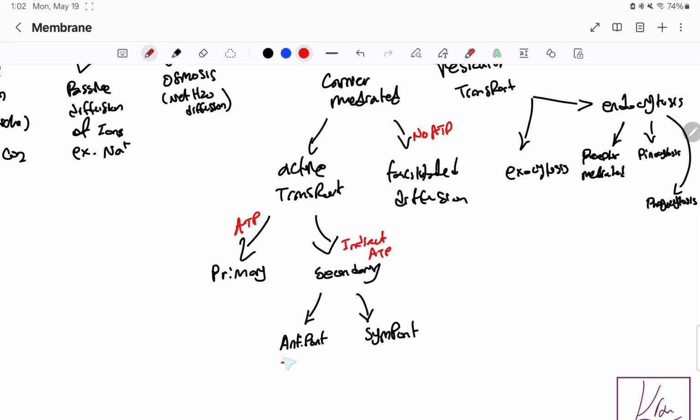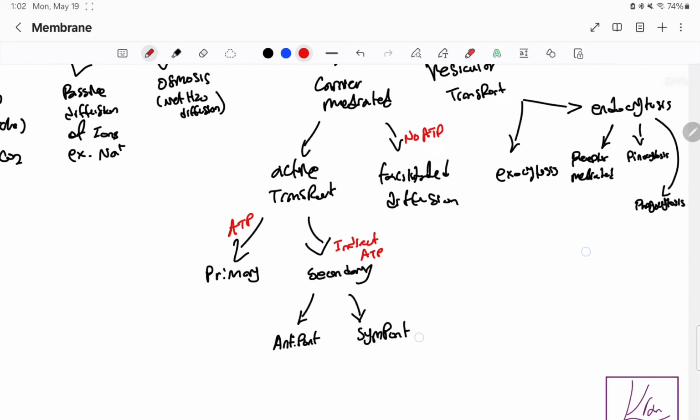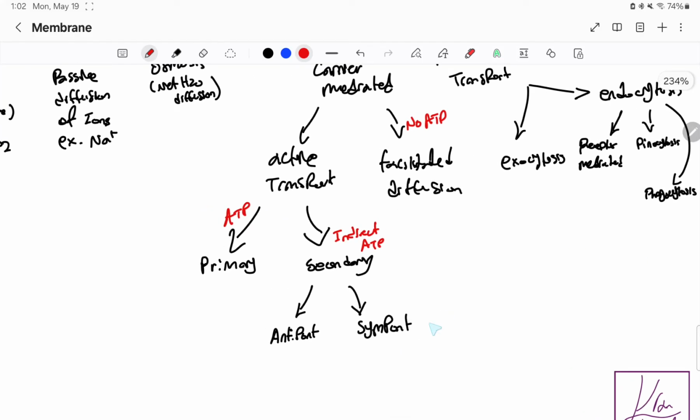And it has two methods, antiport and symport. Symport means co-transport, meaning I take two molecules and transport them in the same direction. Antiport, or counter-transport, means that I'm transporting them in two different directions. For example, one is coming inside of the cell while the other is going outside of the cell, using the same carrier.